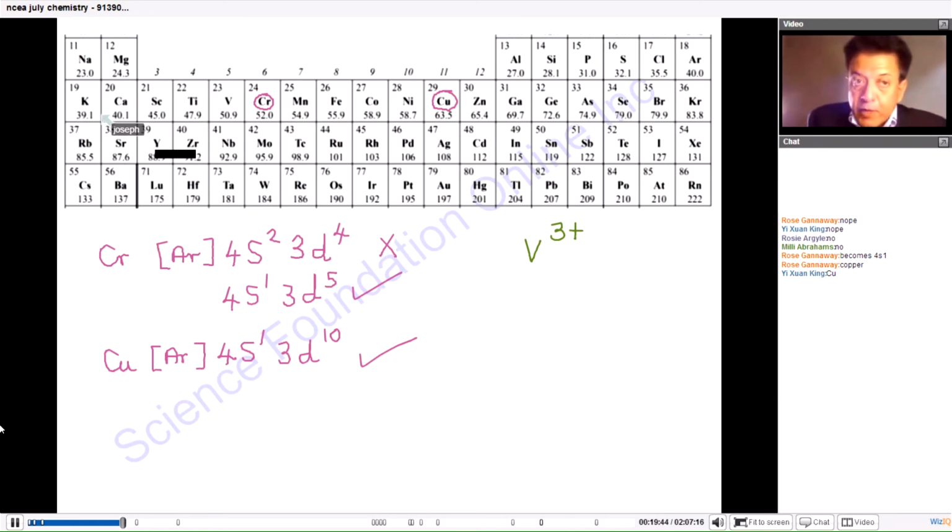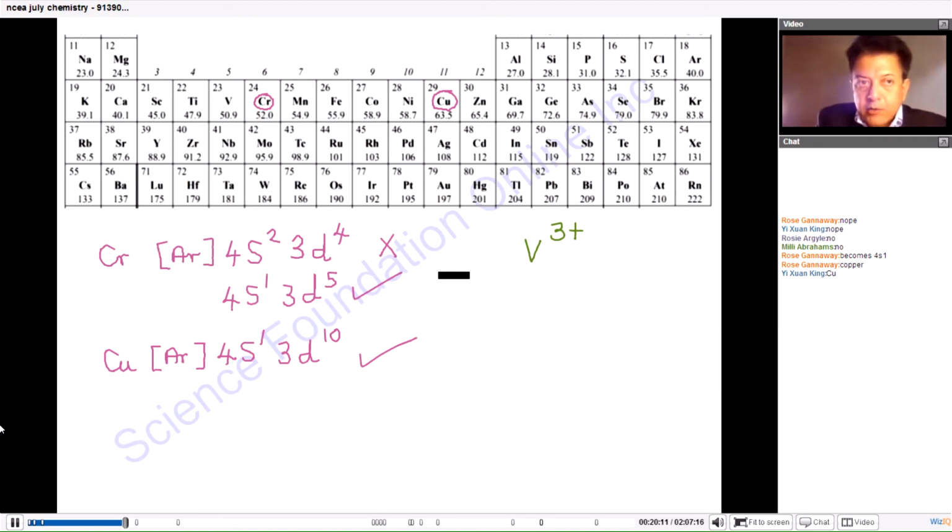So what happens here? Those two electrons, when we form vanadium 3+, the first two electrons to get removed are the 4s electrons. And then vanadium, it's 3+ now, so it has 3 electrons that were normally there. 2 have come off here, and 1 more to come off. It'll end up with 2 electrons in the 3d level.